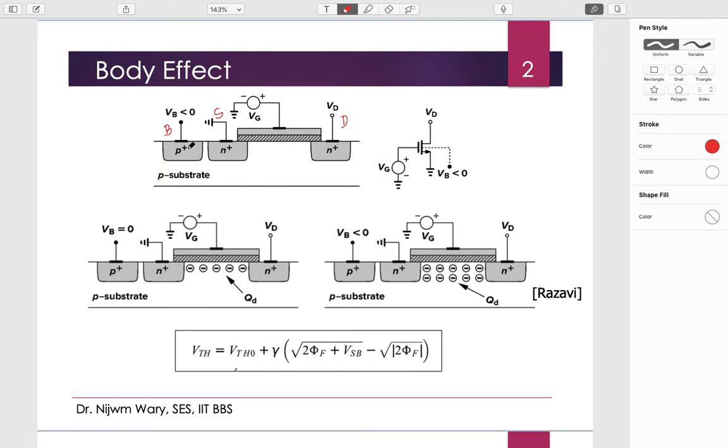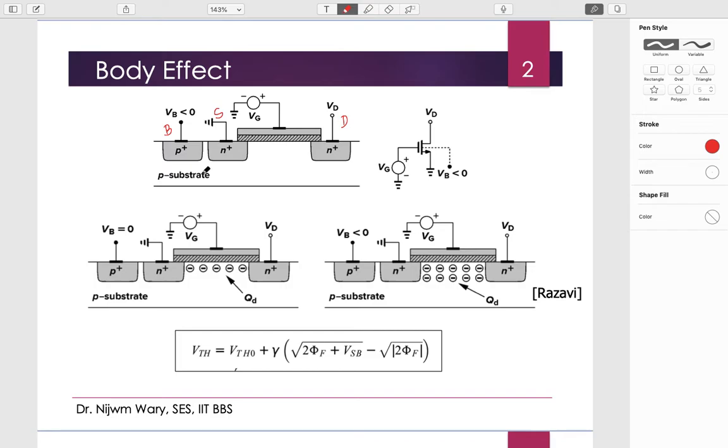Whenever this body connection has a potential which is lower than zero, suppose the source is connected to the ground, whether the body terminal has a potential less than zero or more than zero, this will affect the threshold voltage of the MOSFET.